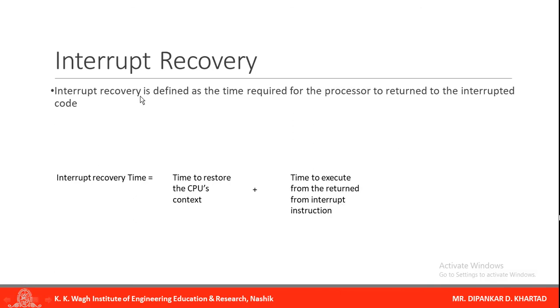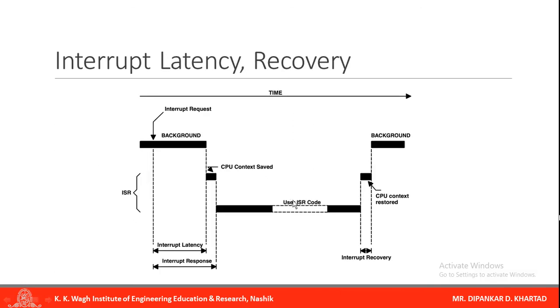We will discuss this in the coming picture. Here is the interrupt request, and this is the interrupt service routine. Interrupt latency is the time from the interrupt request to the first line of the ISR, that is this one. And interrupt response is the interrupt latency plus the time taken to save the CPU context.